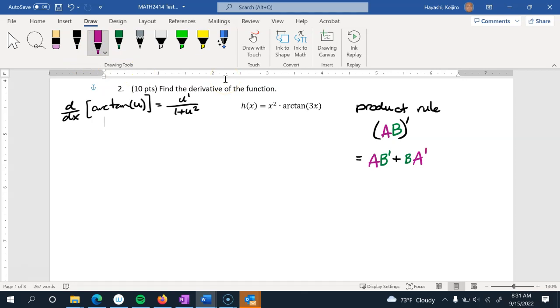Just each one gets its derivative taken and multiplied by the original of the other.